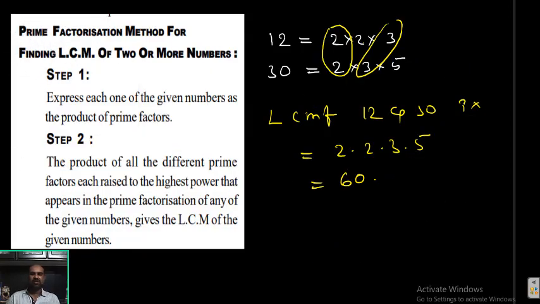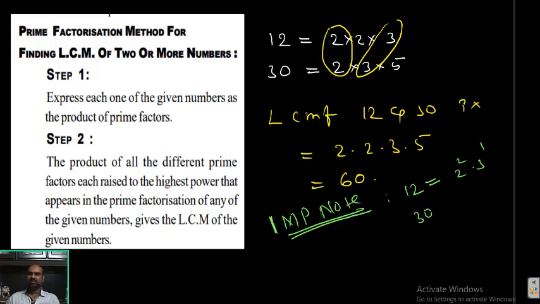Yeah, students, here I want to give one important note. Actually, in this problem 12 means 2 square into 3 power 1, and 30 means 2 power 1 into 3 power 1 into 5 power 1.